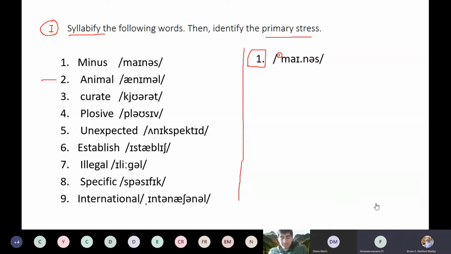All right. I'm sorry. And the second syllable? No, in the first one. In the first one, all right. Interesting word, right? Animal.